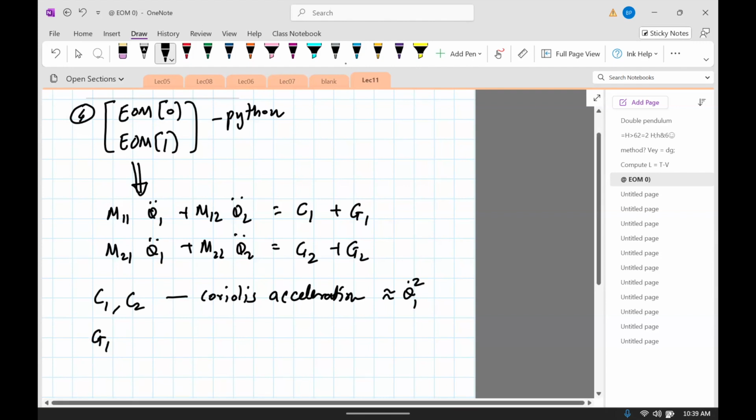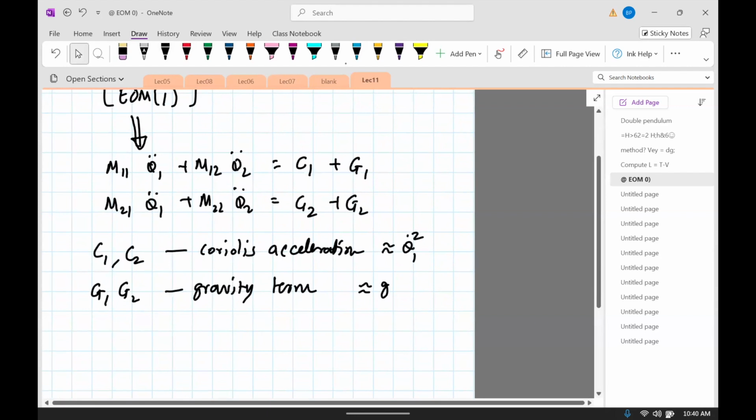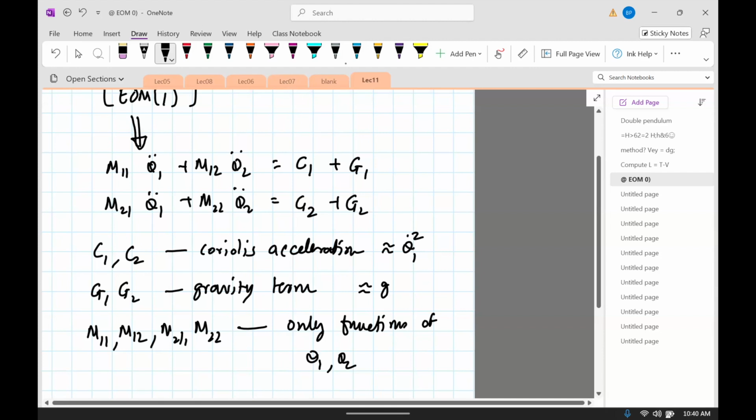And then G1 and G2 will be the gravity terms. Somehow there'll be gravity showing up. And then these mass matrices M11, M12, M21, M22 are only functions of theta1, theta2. They will not have a velocity in them. Okay? So all the manipulated equations will have this really nice form.